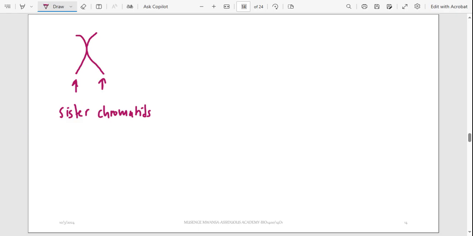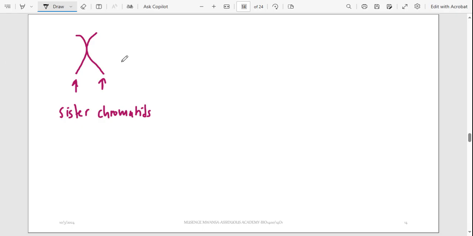Now, for these two, which are sister chromatids, during cell division these chromosomes are going to be pairing up. These are sisters. They are not homologous chromosomes. Sisters are made by duplication. One had to duplicate and it formed another one.